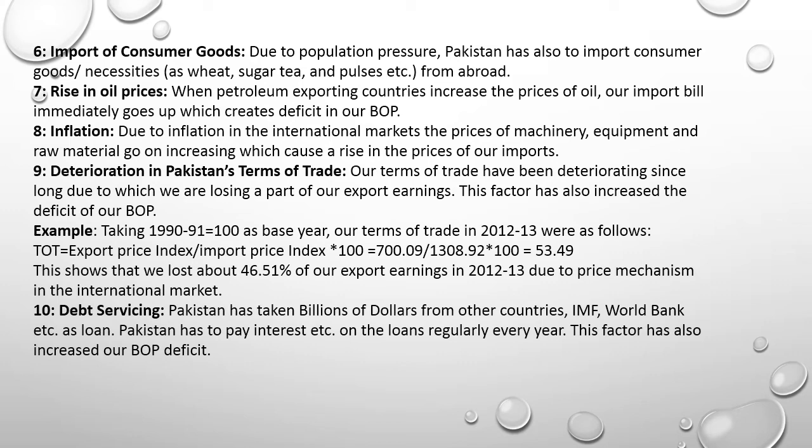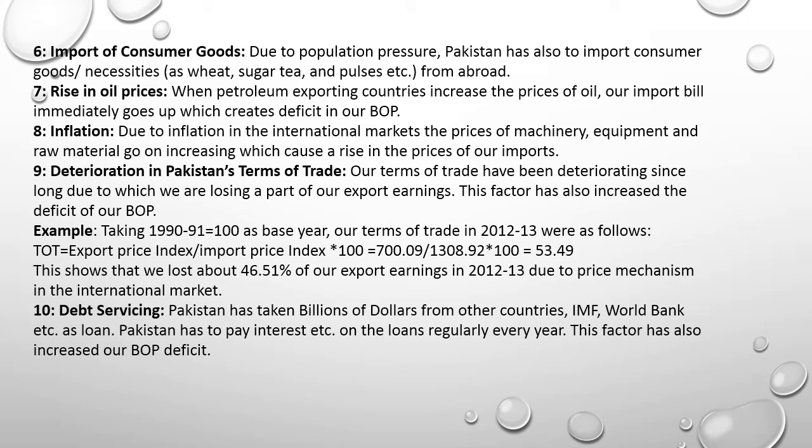Now we take an example. Take 1990-91 as a base equal to 100. Our terms of trade in 2012-13 were as follows. TOT means terms of trade, equal to export price index divided by import price index multiplied by 100.